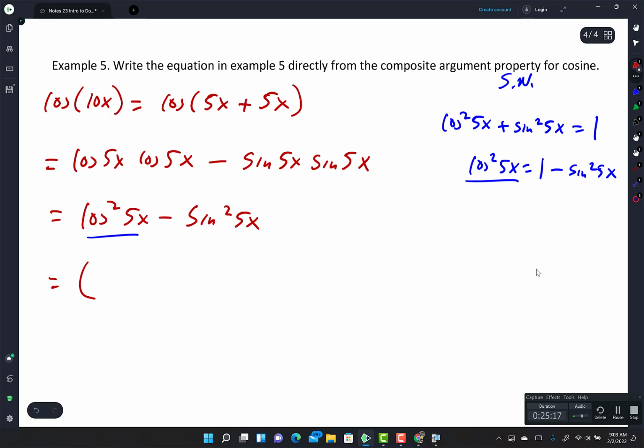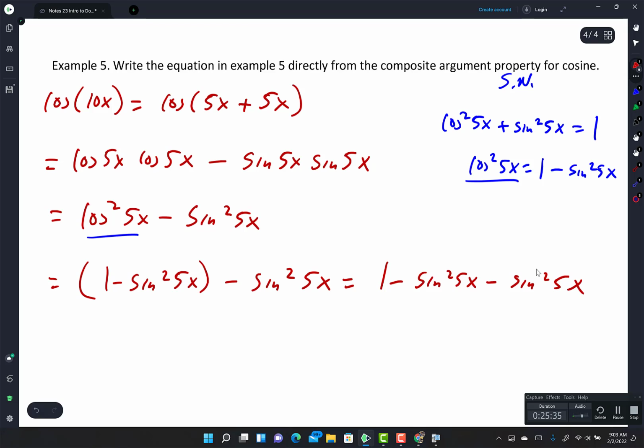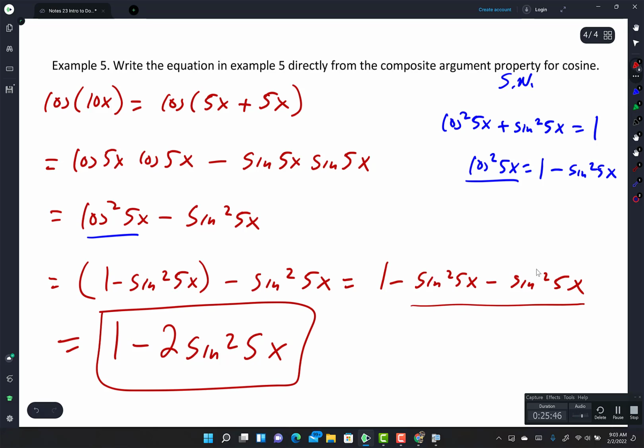So parenthesis, 1 minus sine squared 5x, close it, minus sine squared 5x. Then we're going to do what Snoop Dogg says, drop the parentheses, and we write 1 minus sine squared 5x minus sine squared 5x. And then how many of these do I have? So my final answer is 1 minus 2 sine squared 5x, which is what I had for the answer before.